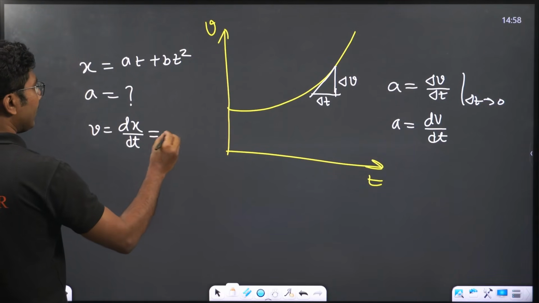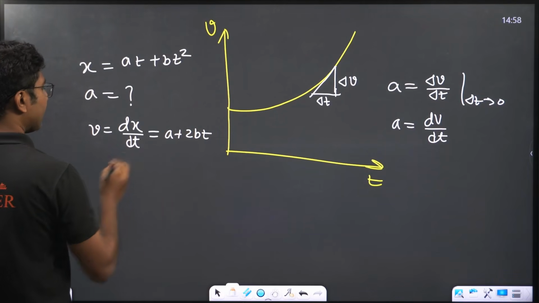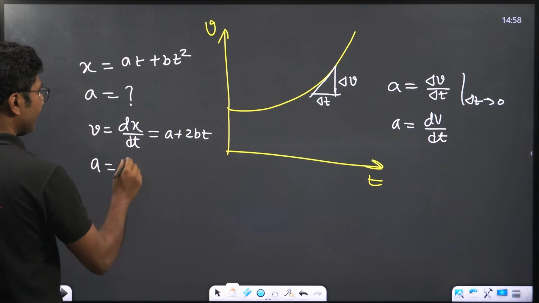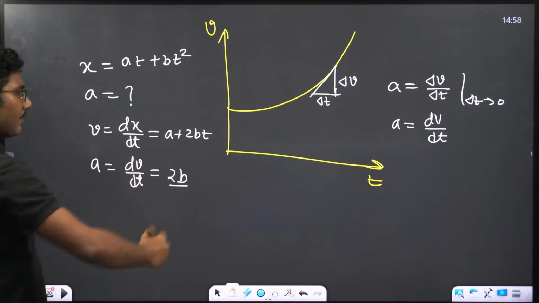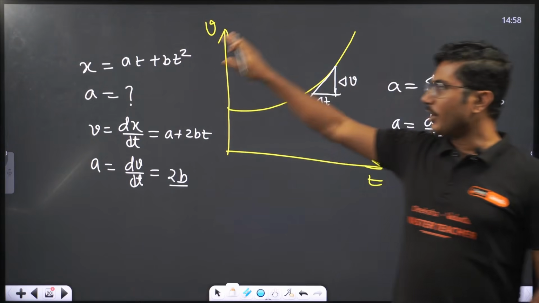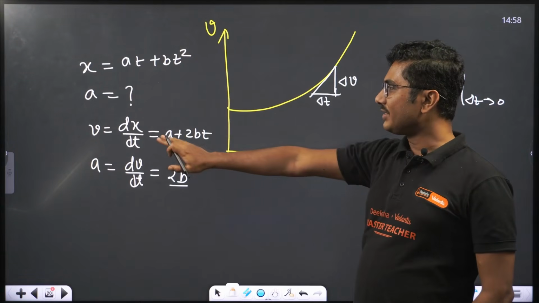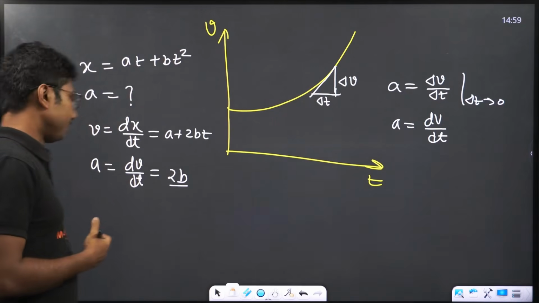That will be a plus 2bt, and then acceleration will be dv by dt, which will be 2b. Same method, step by step, if you apply, you will get this answer. So displacement, velocity, acceleration, everything is related to each other.